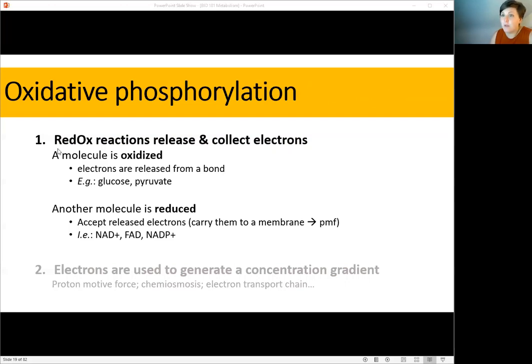So for step one, a molecule loses an electron or is oxidized, and another molecule gains an electron or is reduced. Reduced molecules often also pick up a corresponding hydrogen ion because these have a positive charge, which can neutralize the negative charge associated with the electron. Then these reduced molecules, electron carriers, carry the electrons and hydrogens to a membrane where they will generate a concentration gradient. But let's focus a little bit more on the first step.